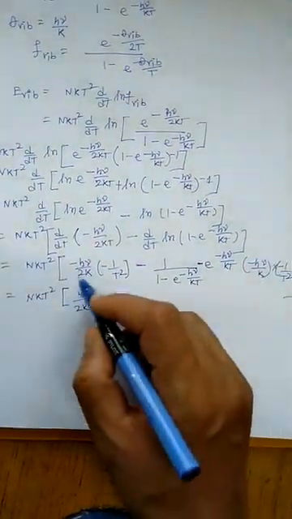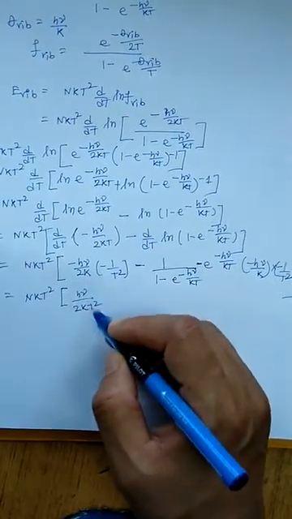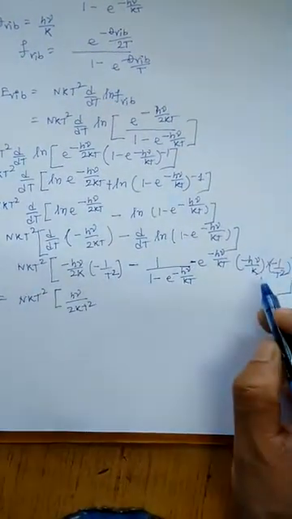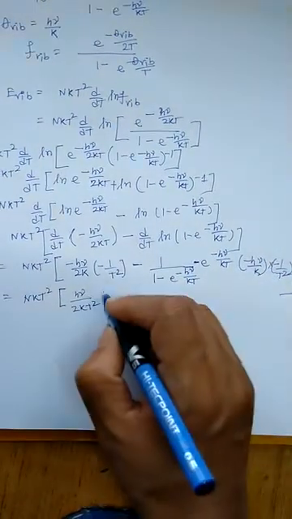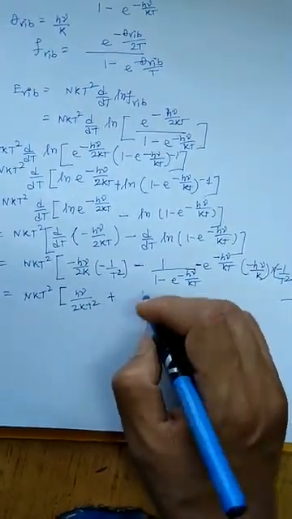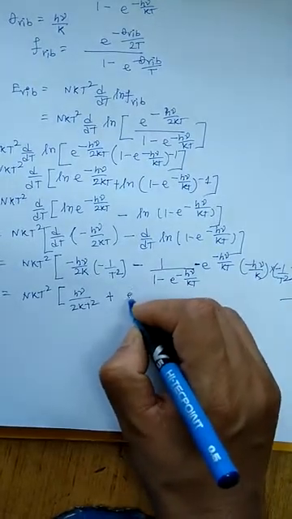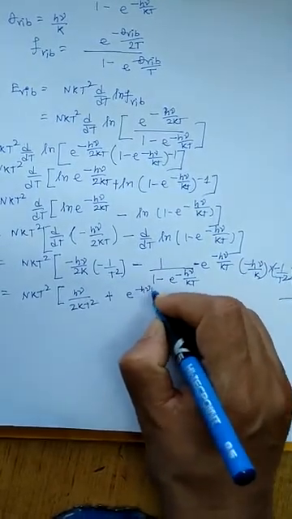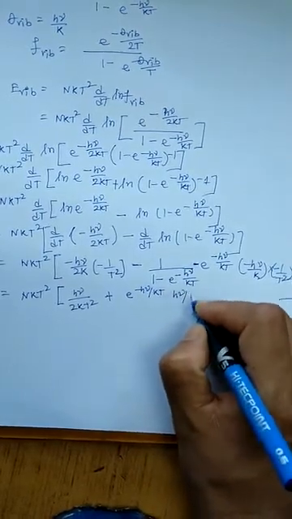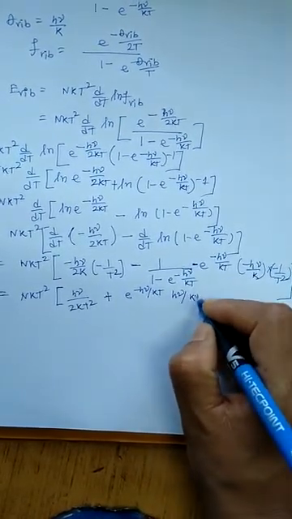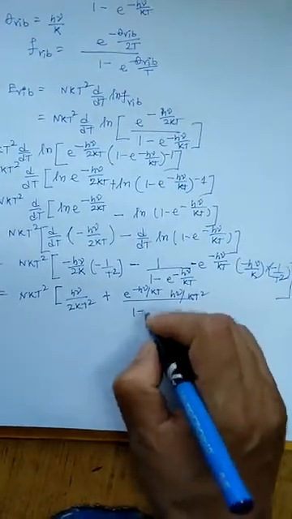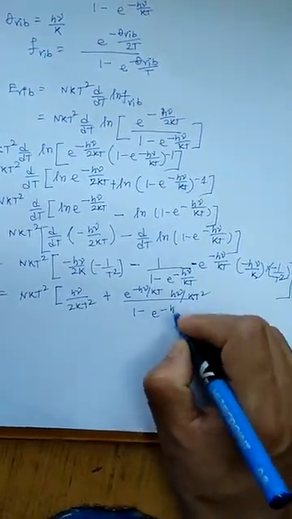Now minus minus becomes plus, h nu by 2kT square, and this minus becomes plus, and also this minus becomes plus, so ultimately the sign is plus. So plus e to the power minus h nu by kT, and h nu by kT square is also there, and in the denominator e to the power minus h nu by kT.